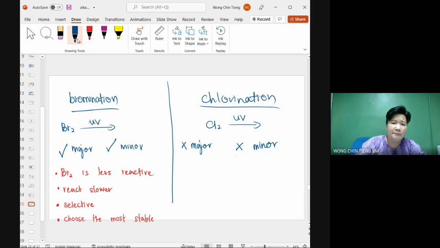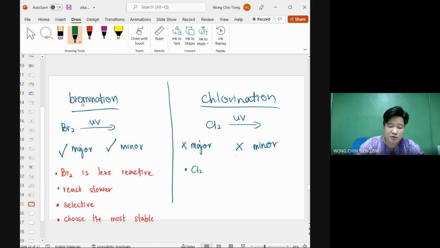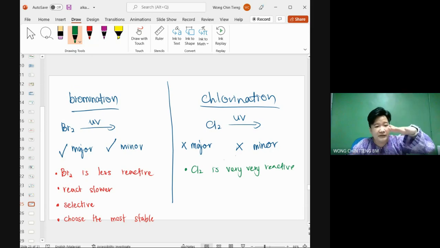Okay? But what happen when you are going into your chlorination? Your Cl2 is very, very reactive. Bila dia sangat reaktif, dia akan react sangat cepat. Fluorine, chlorine, bromine. Chlorine duduk kat atas. Lebih kecil. Bergerak lebih cepat.